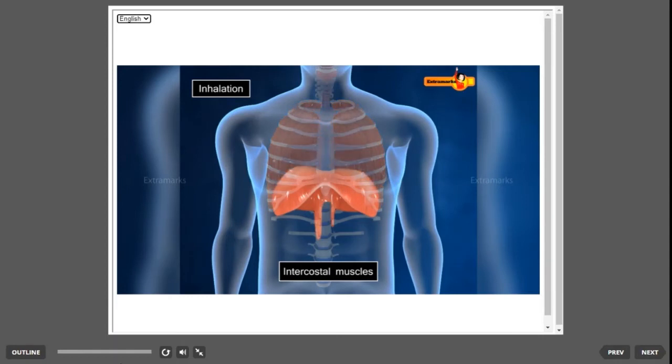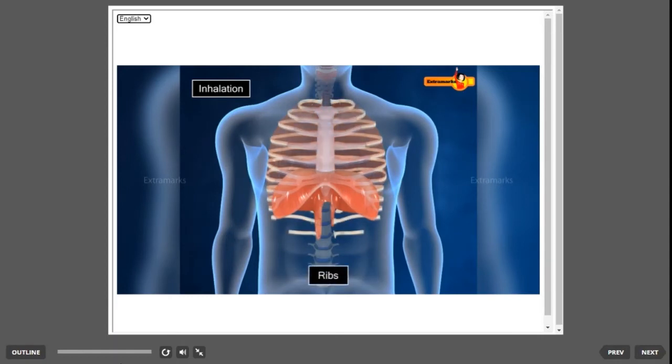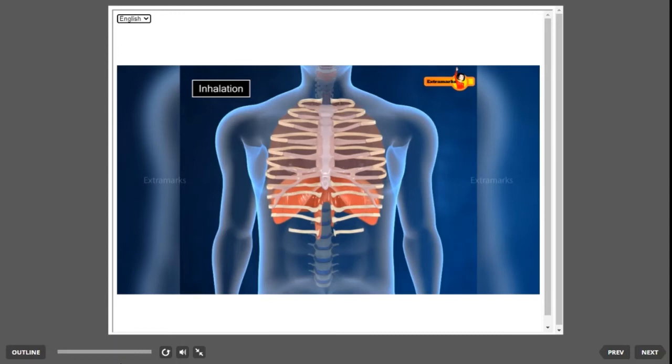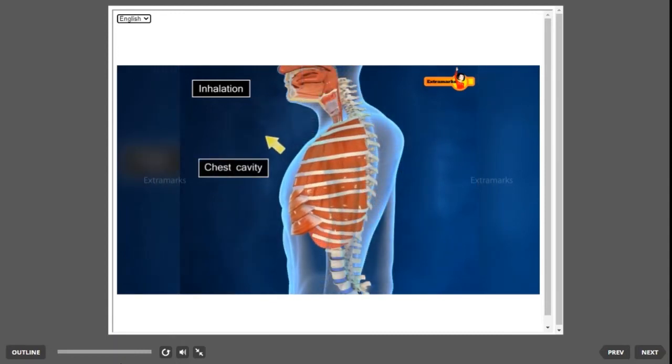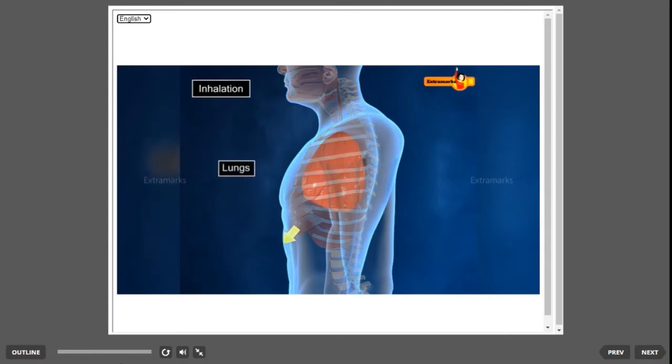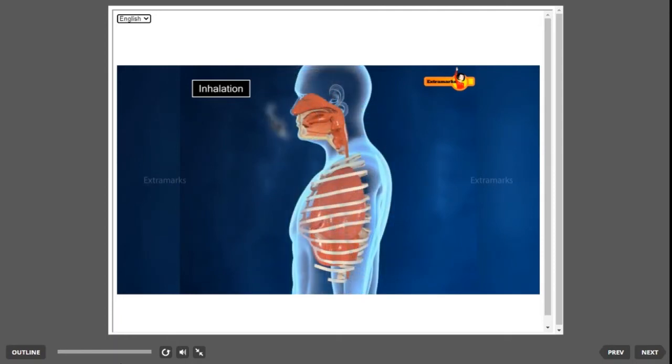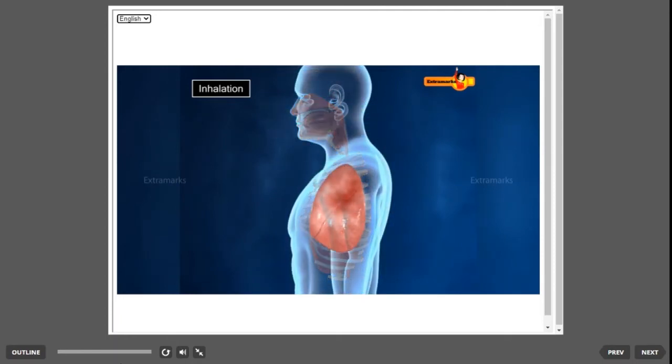As a result, the diaphragm moves downward while ribs are raised upwards in the forward direction. Consequently, the volume of chest cavity increases, thus the pressure in the lungs decreases. This results in the expansion of lungs, and the air rushes into the air passages and lungs.